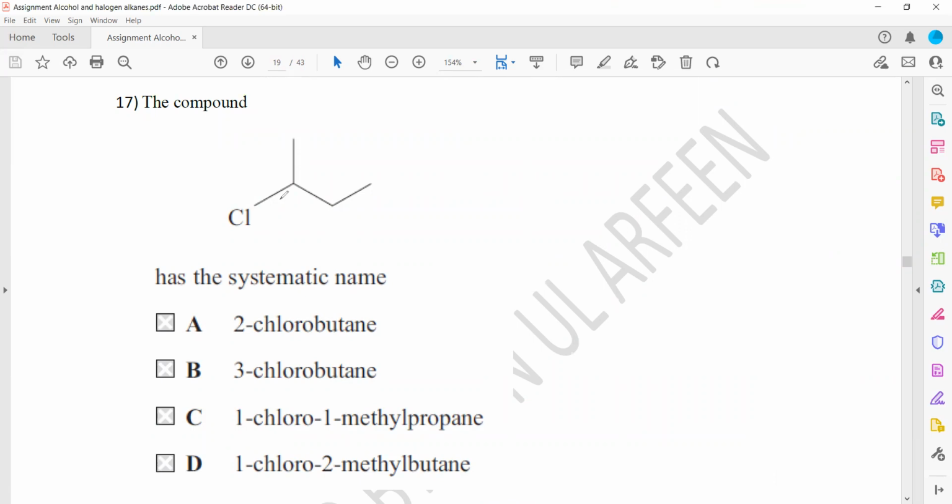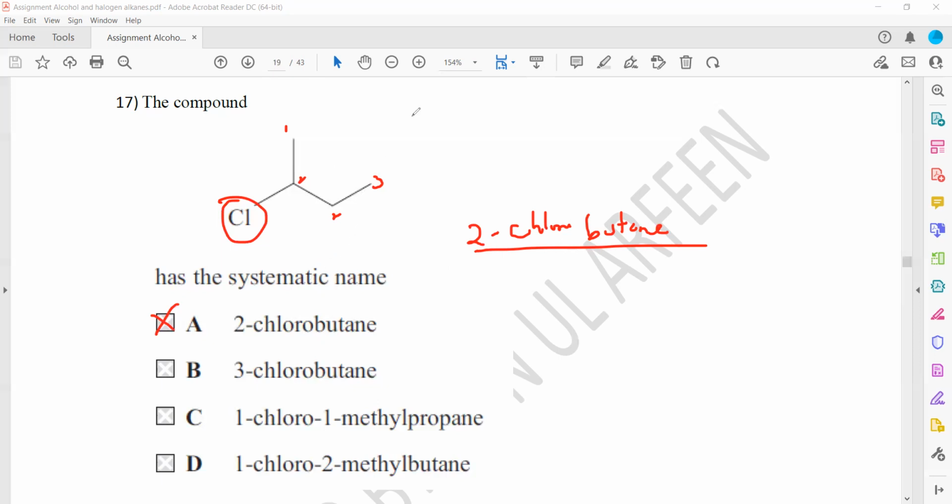So this is a branch, so chlorine is attached as a branch. We count the carbon atoms: 1, 2, 3, 4. So at the second position, there's a chlorine attached, so we say 2-chloro. And because 4 carbon atoms are there, it is but-, and they have a single bond. So it is 2-chlorobutane. So the systematic name is 2-chlorobutane, so A should be the right answer.